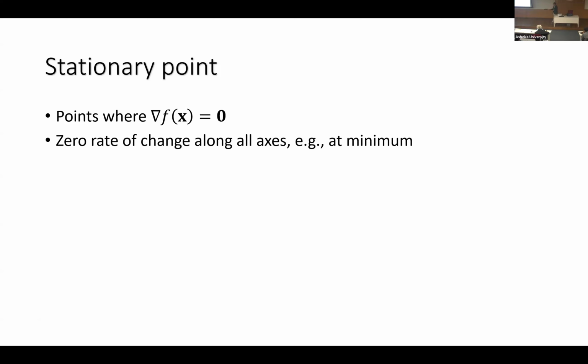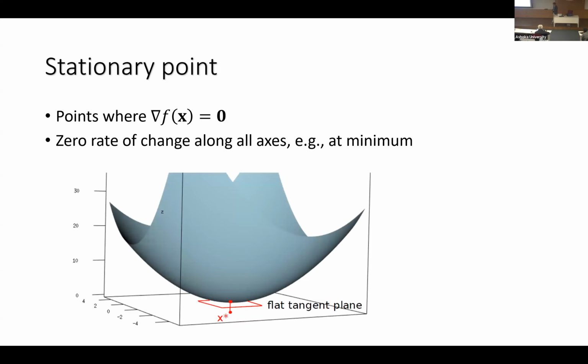And minimum is one example. When the function becomes minimum, it cannot decrease any further. No matter which direction you take, it cannot decrease, and therefore that's called a local minimum, and it's also a stationary point. So this is an example of a stationary point at the minimum. The function cannot decrease further.